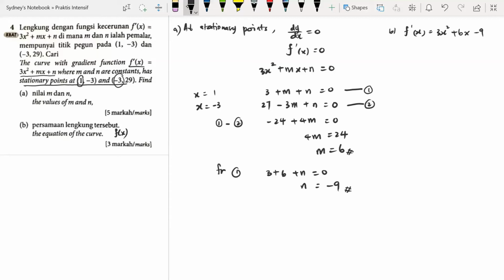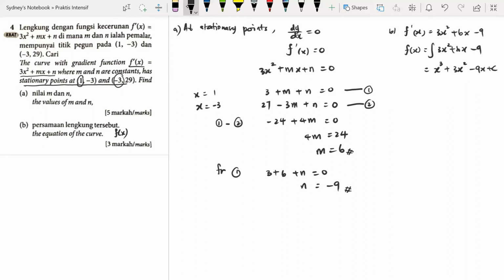So if f prime x equals this, to find f(x), we are integrating 3x squared plus 6x minus 9. So over here, we shall integrate. So we have x cubed plus 3x squared and then minus 9x plus c.